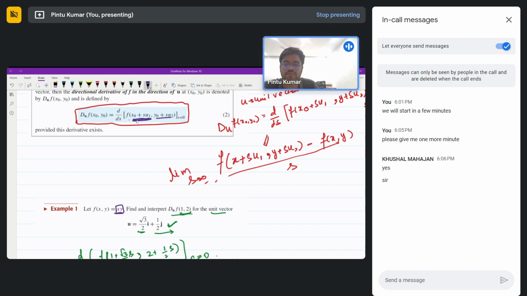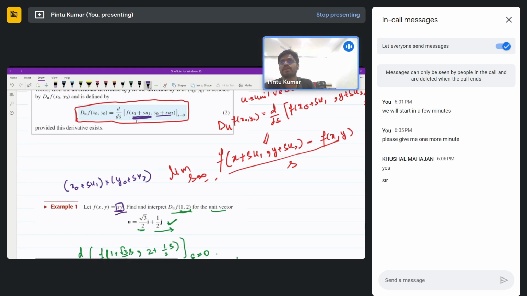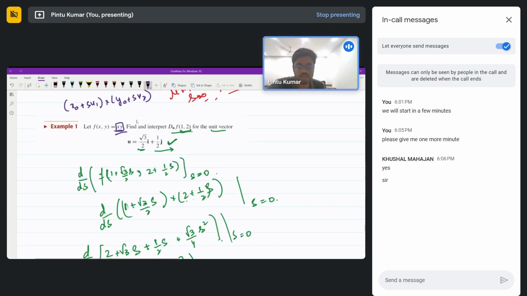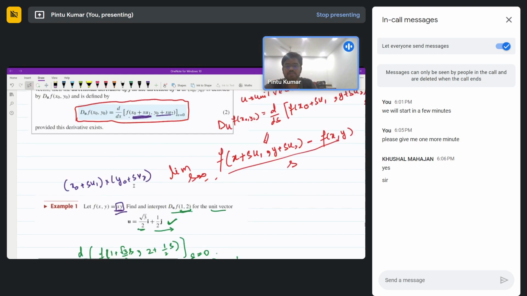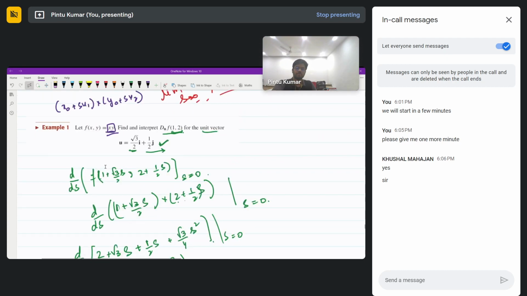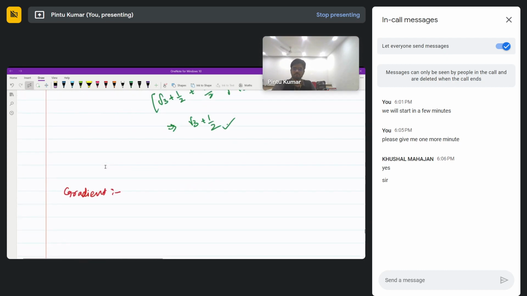So if my f of x, y is x multiplied by y, this is simply x naught plus s u1 into y naught plus s u2. So this will depend on the function that is given to you. Based on that, you have to calculate f of this term, then take its derivative with respect to s, and then put s equal to 0.